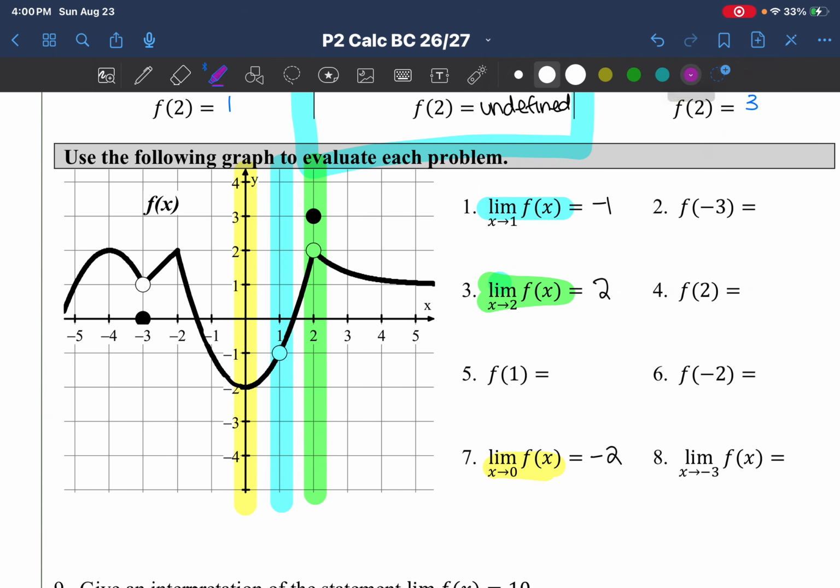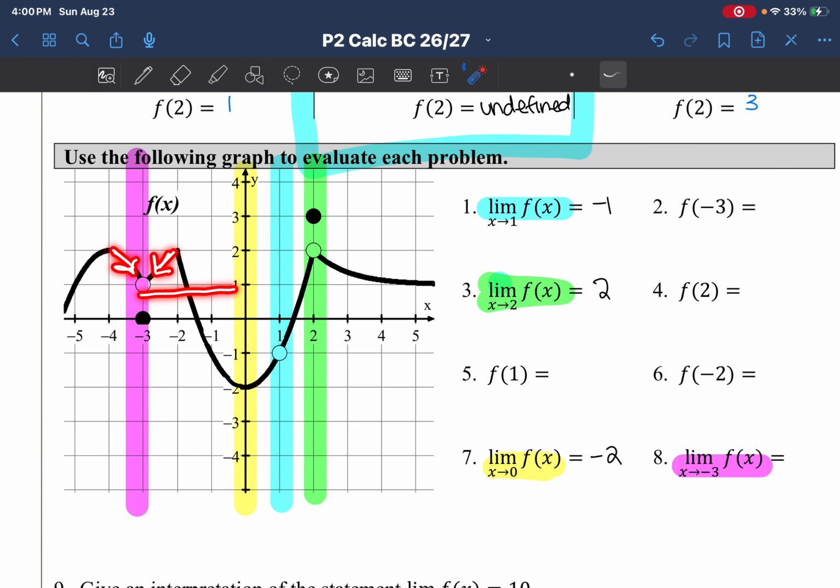Okay, let's add another color here. Let's do this one. This is at -3. So I'm looking at the left, looking at the right. They are both approaching 1. Now I have to look at all these other values. So I have f of -3.